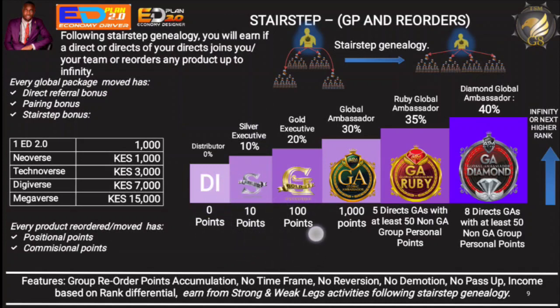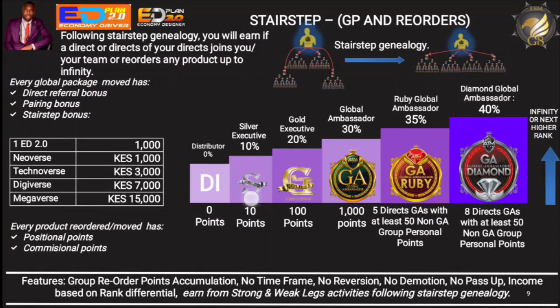And then a person who has moved 100 points simply means he has moved something like 5,000 boxes of C24/7. And when your rank increases, like now for me, I'm a silver executive at the moment, and I'm remaining with about 20 points to become a gold executive. It means I've been able to accumulate how many? 10 points, okay?